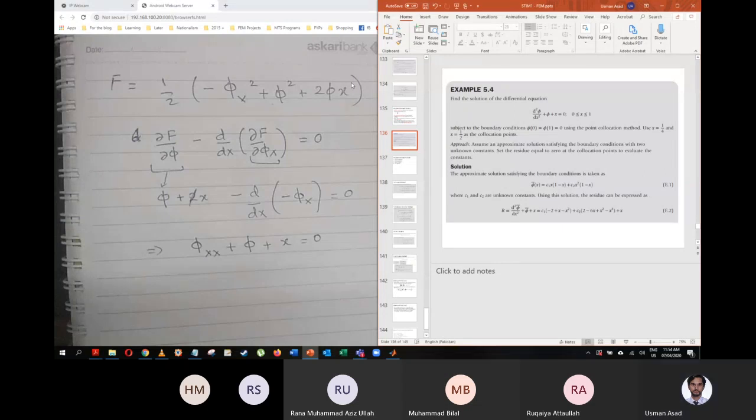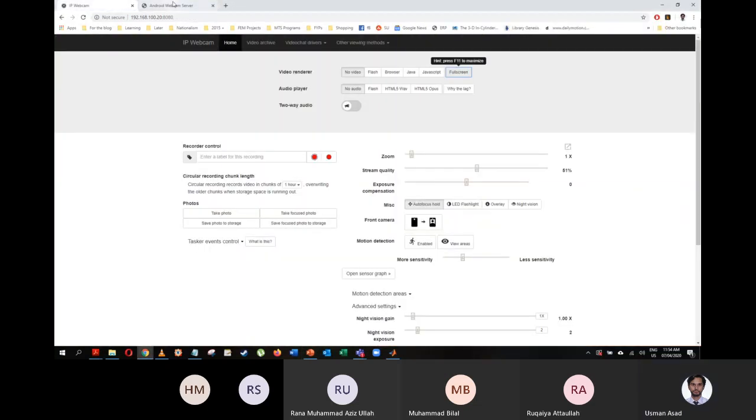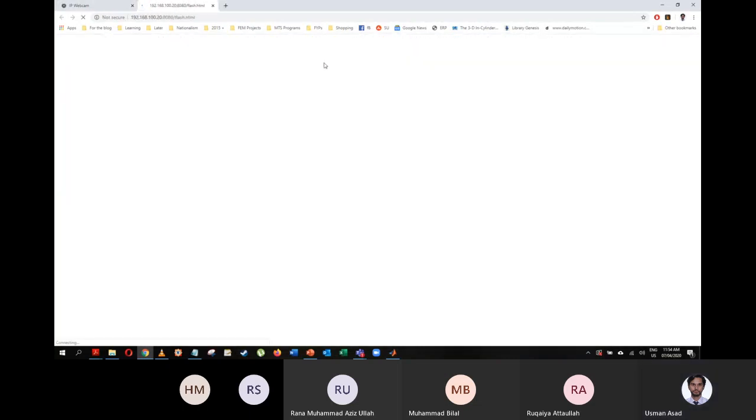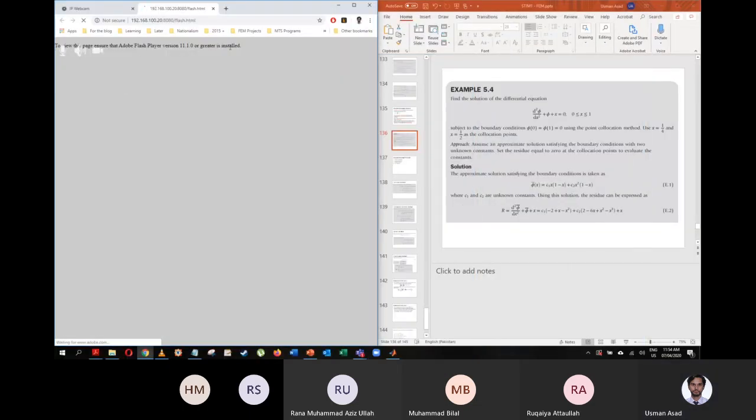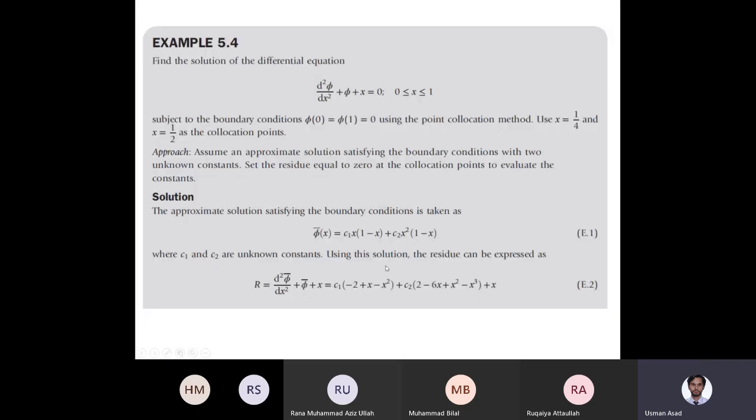Okay, there's a problem with the webcam probably. There's nothing to worry about here. Just take a double derivative of this, add it to itself, add an x. This is my residual, and I have to find ways to minimize this residual.